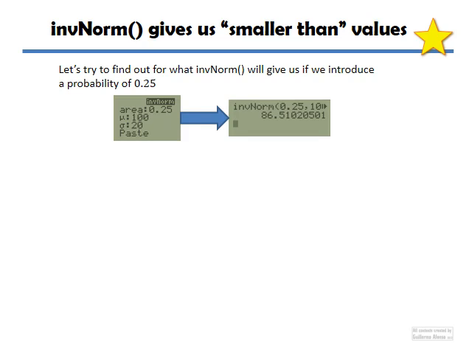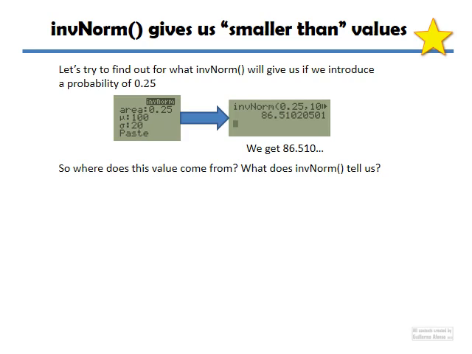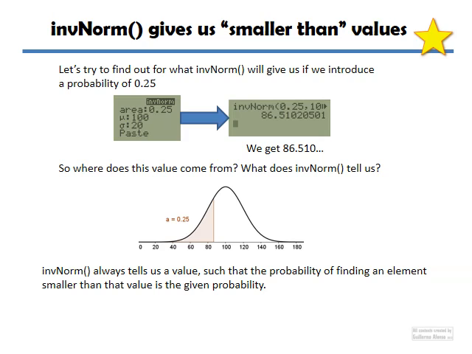What the invNorm is telling us is that the probability of getting something from a very small value, the person with the lowest intelligence quotient, up to 86.510200501, the probability of finding someone there is 0.25. That's what the invNorm tells us. It tells us the value such that the probability of finding an element smaller than the value is the given one. Great.